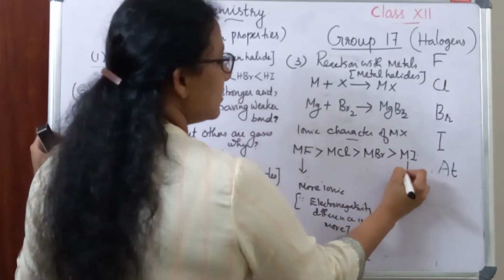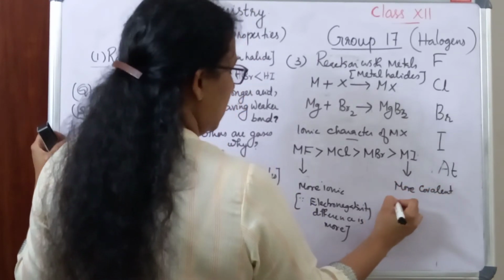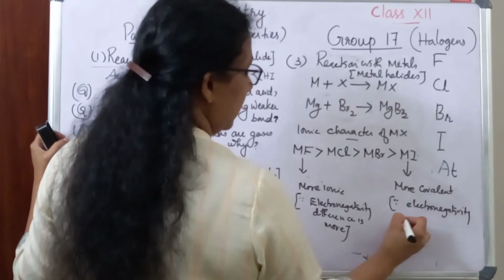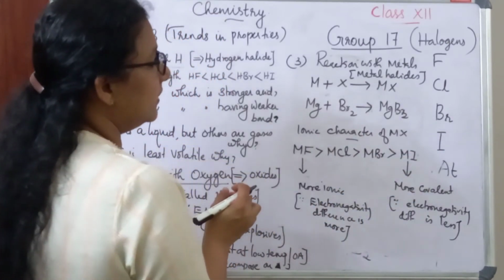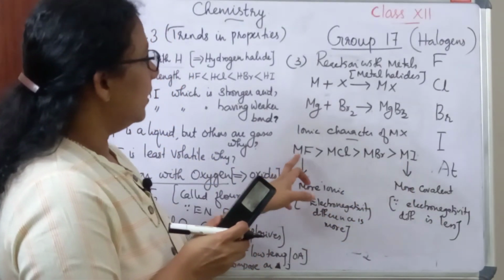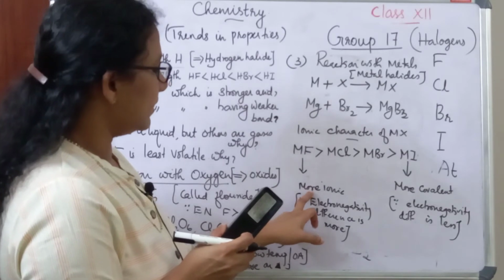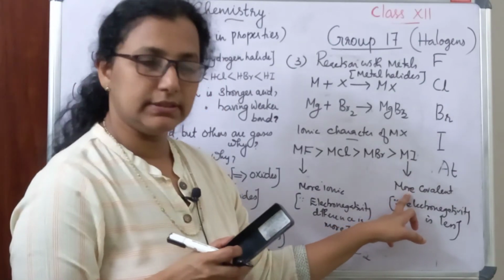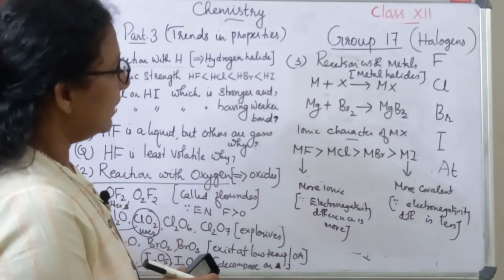In the case of MI, we can say this is more covalent because the electronegativity difference is less. With fluorine they have more ionic character, and with iodine more covalent character. So this is about the ionic character and covalent character.